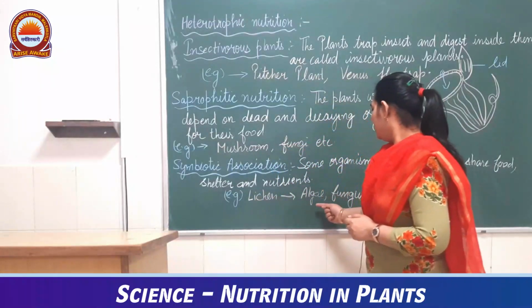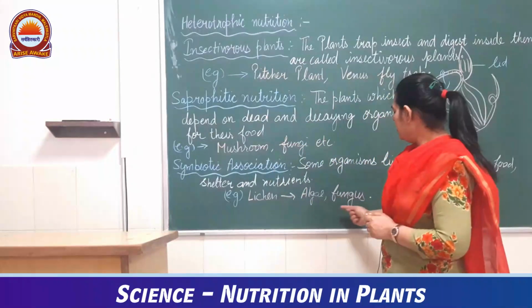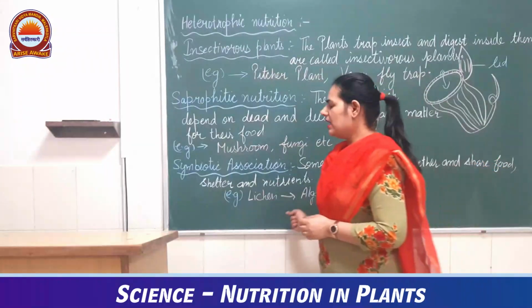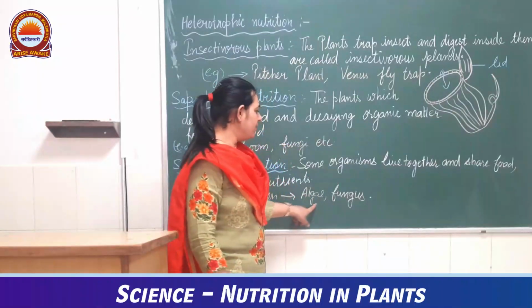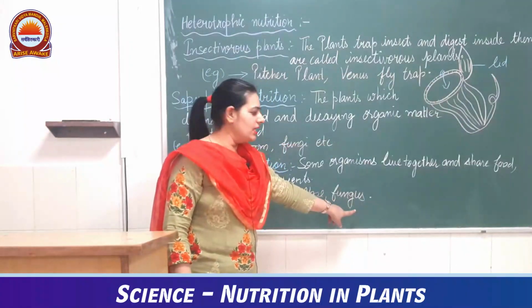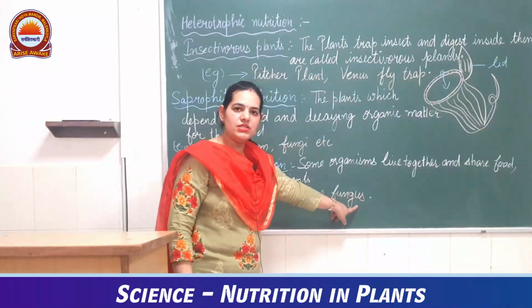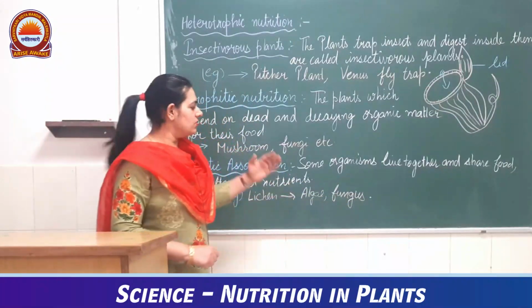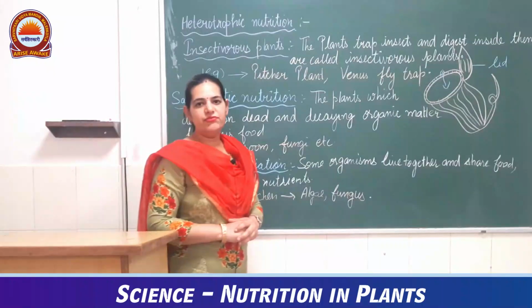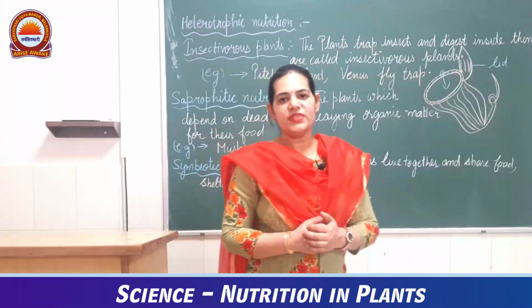Lichen is a combination of alga and fungus. The alga is the chlorophyll-containing partner which provides food to the fungus, while on the other hand the fungus provides shelter and nutrients to the alga. Like this they prepare their food and also live their life.